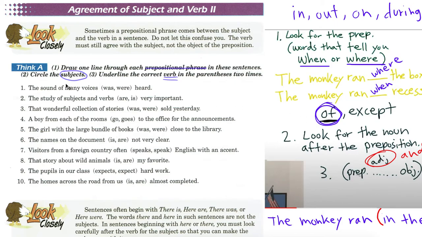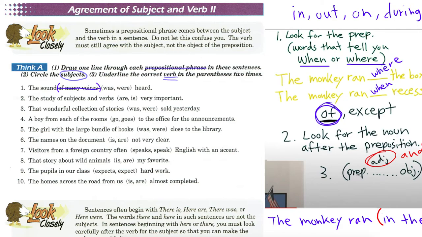Of is a preposition. It didn't ask you to draw parentheses, but I'm just going to do it to help me. Of. Now I'm trying to look for the noun following the preposition. So of many is adjective, voices. So of many voices is my prepositional phrase, and they want me to draw a line through it.